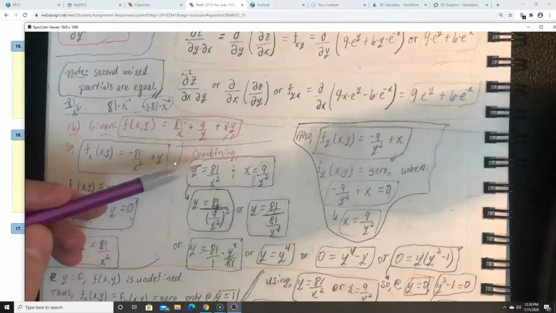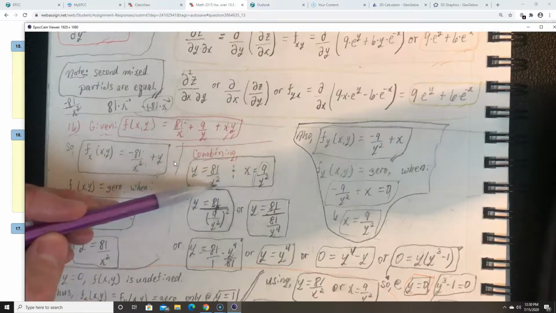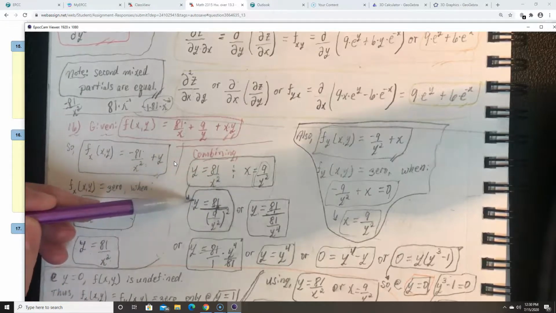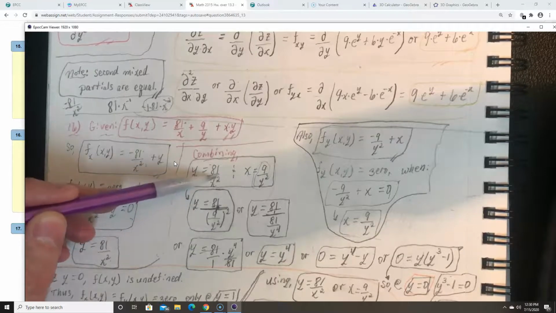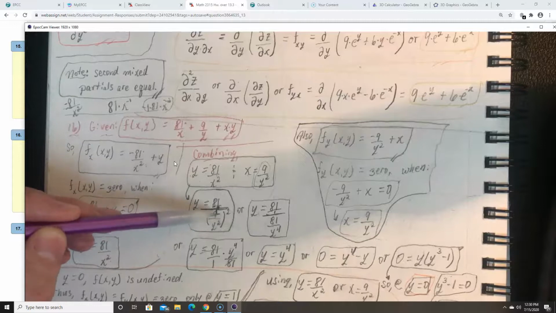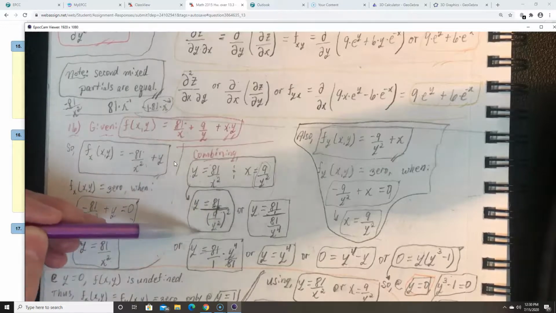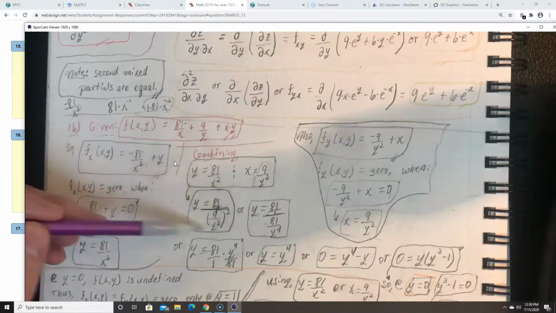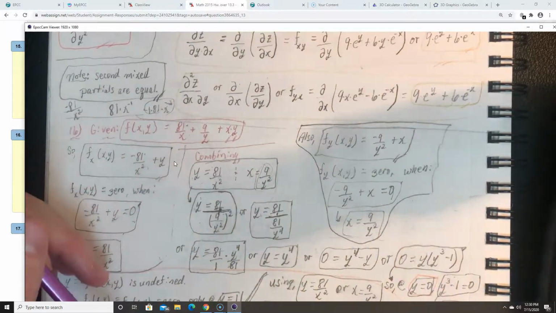So if you do plug 9 over y squared in for x, you get y equals still 81 in the numerator. Instead of x squared, you get 9 over y squared. Now you've eliminated the x variable, so now we can solve this for y, and we'll know at least the y values.